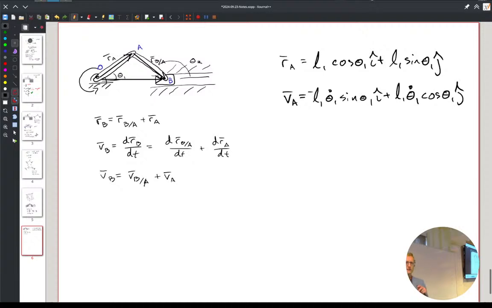So now I have a description of both where it is and where it's moving for point A.